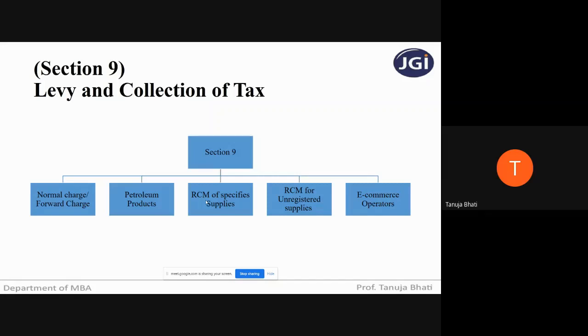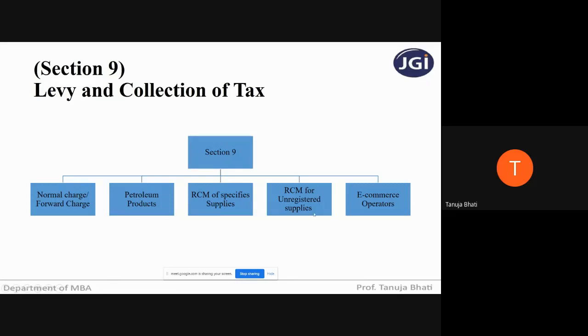The government has notified a certain list of goods and services which, if supplied, the payment of tax has to be made by the recipient and not by the supplier. So this is only for certain specified supplies, not in all cases. In normal cases, forward charge will apply.